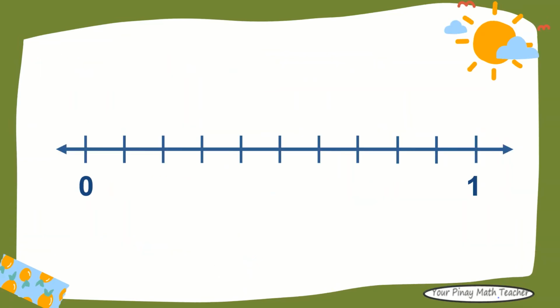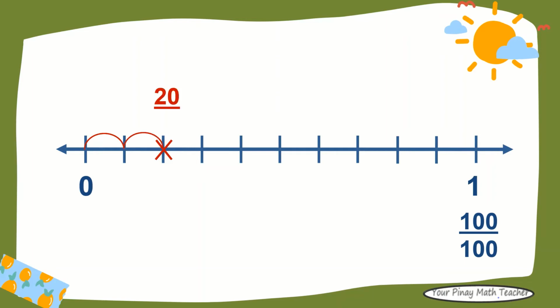Decimals in hundredths can also be illustrated using a number line. From 0 to 1, it's divided into 100 equal parts. That is why 1 whole here is equivalent to 100 hundredths. Since the number line is only divided into 10 equal parts, then we are going to count each division by tenths. So what is the decimal with an x? Counting from 0, we have 10, 20.